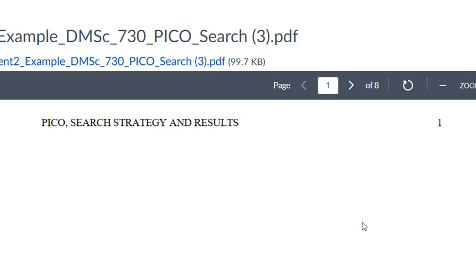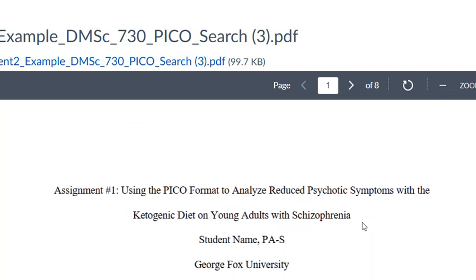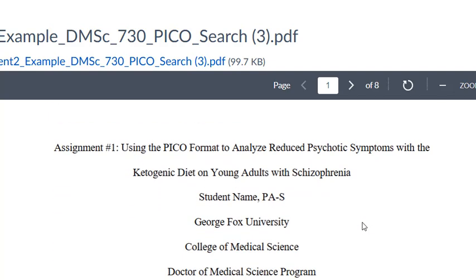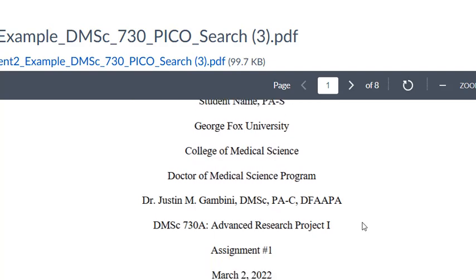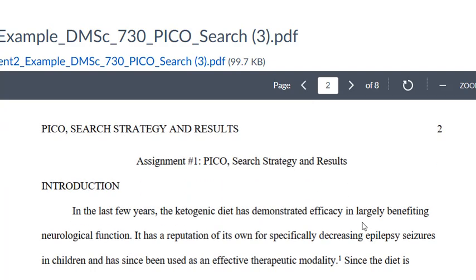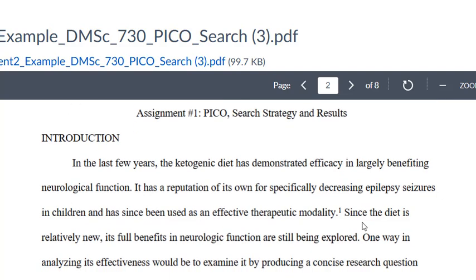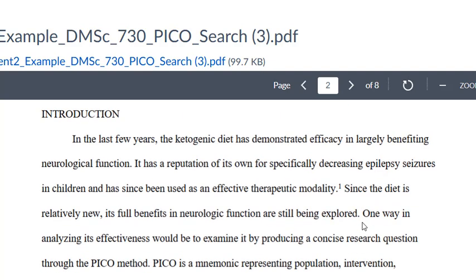Now, you'll find some examples in this week. And so here is a PICO format to analyze reduced psychotic symptoms with ketogenic diet in young adults with schizophrenia. What you'll see then is there's going to be an introduction that is created by the author, you in this case.